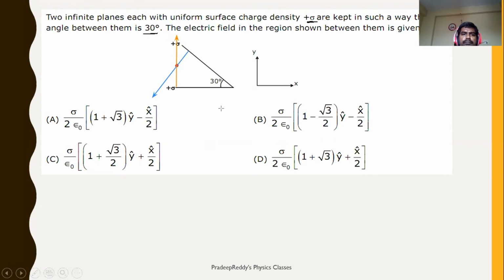Right? And it is mentioned in the reference that x-axis and y-axis are given to you. I'm indicating that as x and y here in the diagram. This is the x-axis and this is the y-axis, and the angle mentioned is 30 degrees in this case.